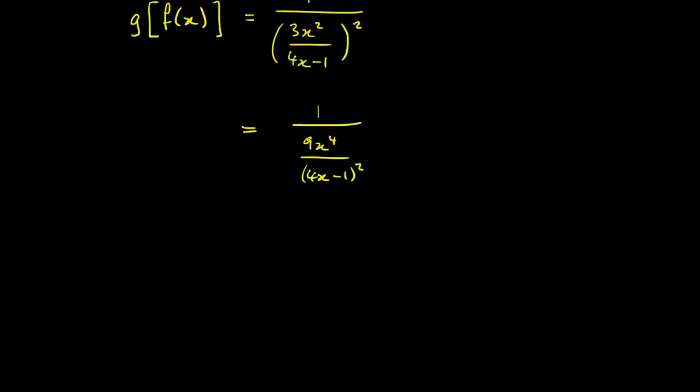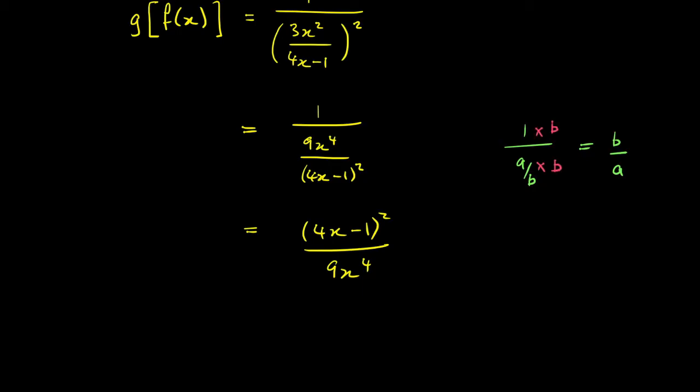And that's going to be the same as 4x minus 1 all squared over 9x to the power of 4, right? Because if you're not sure, 1 divided by a over b is just equal to b upon a. We flip the fraction. And the way that works is we multiply top and bottom by b. All right, so I think that should be our answer there.